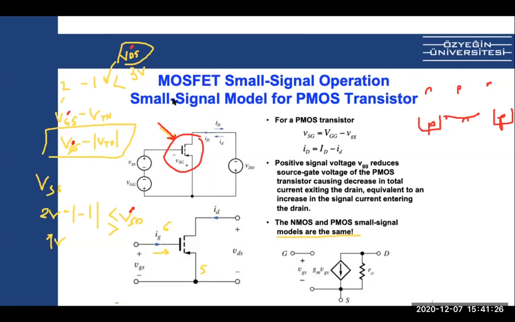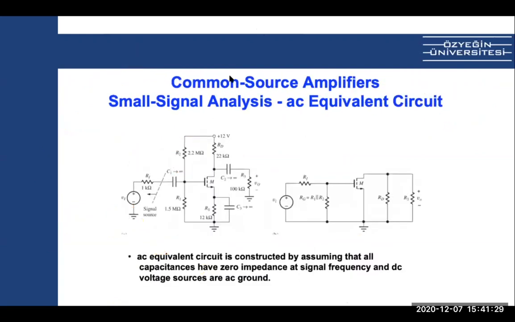So going to the next slide, let's look at a common source amplifier. Whenever you say common, think of it like you want to ground it.